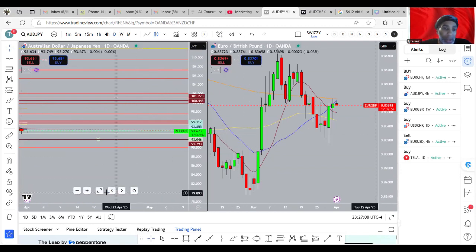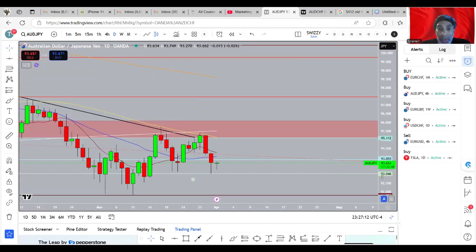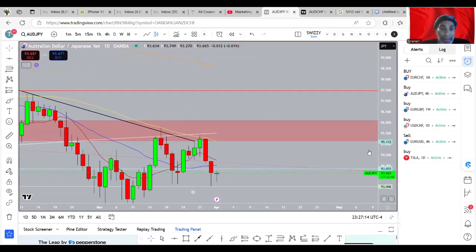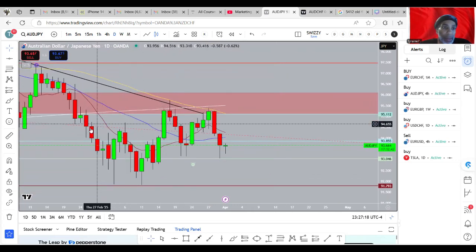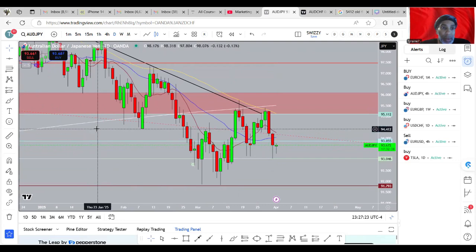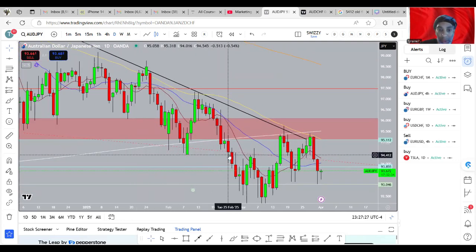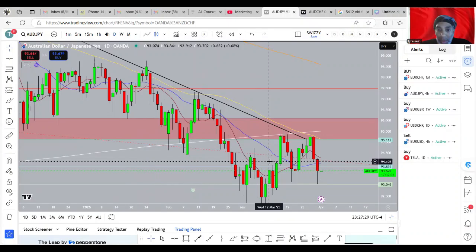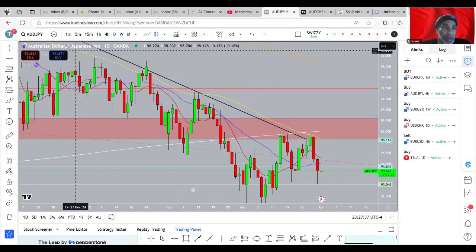Hold on. And if we shrink this down and we go to March, this would have been the first candlestick of the new month.